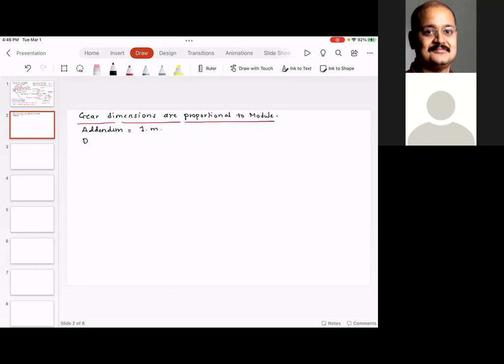Dedendum is equal to 1.25 times module. Working depth is equal to 2 times module. Minimum depth is equal to 2.25 module.